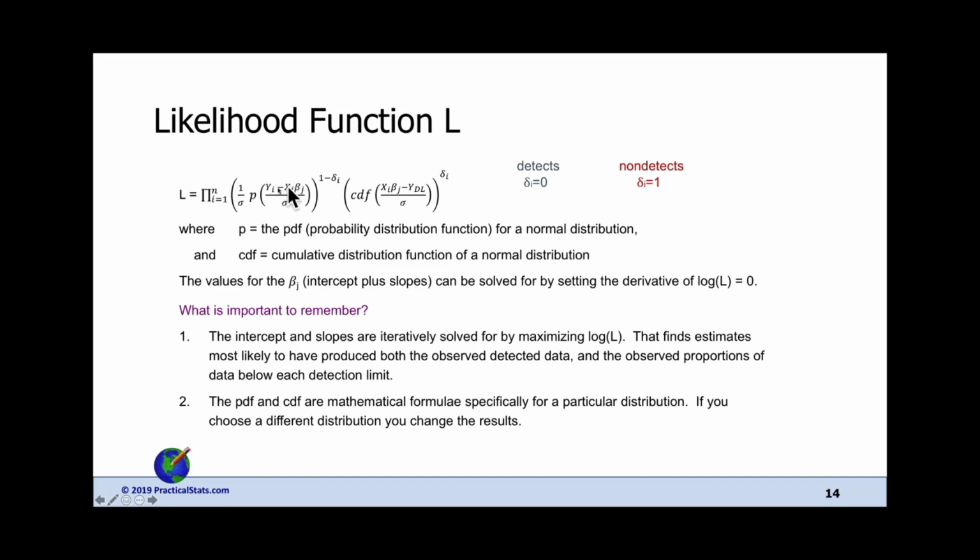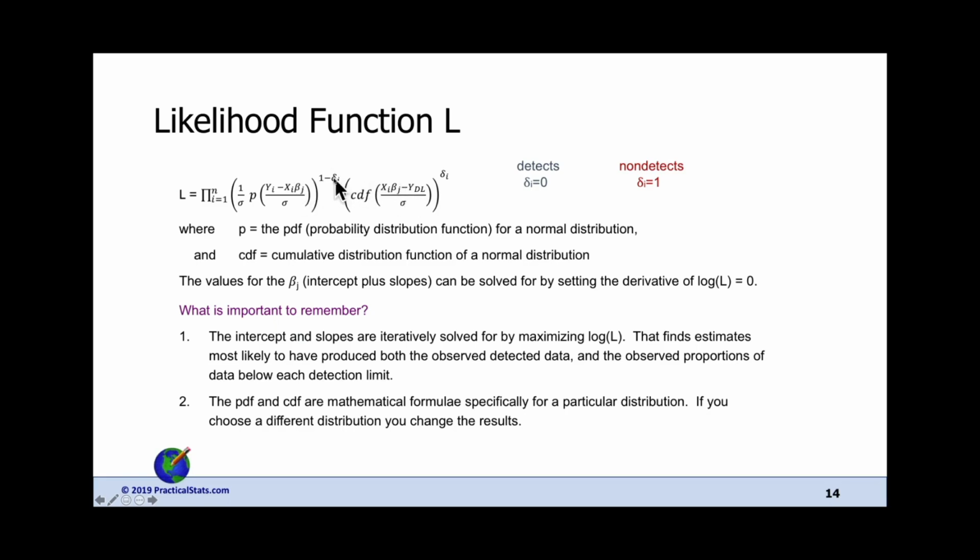And so this is a measure of how close we come to predicting the value of y. This would be the section in here, this first section, for the detected values. On the other side, on the right side, we've got xi beta j again. So this is the slope times the x value for our x variables, and then how close that is to the detection limit of y. So that's the matching part of this.